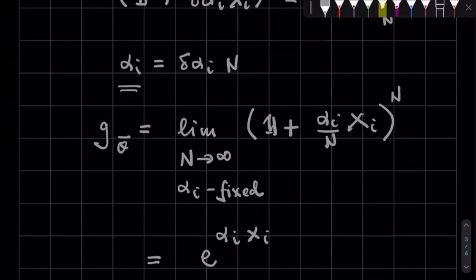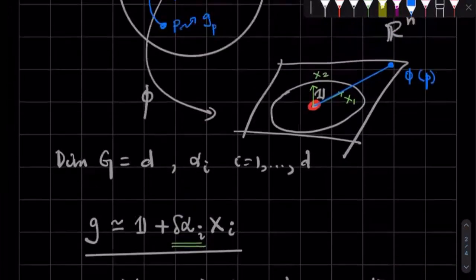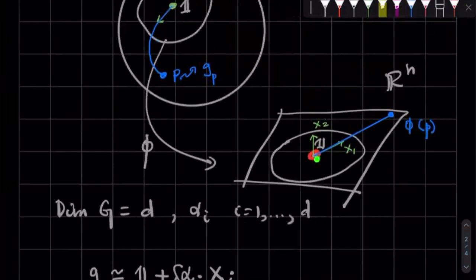This is also something that holds for matrices, not just for numbers. So this is an example of a finite element. And the geometrical interpretation of this is that we have gone some finite distance from our identity over here. So it represents G of alpha.